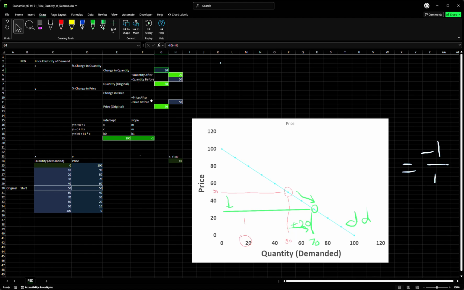Anyway, then the price elasticity of demand. What happens if the curve were like this? It's not here, but what if I move the whole thing up here?